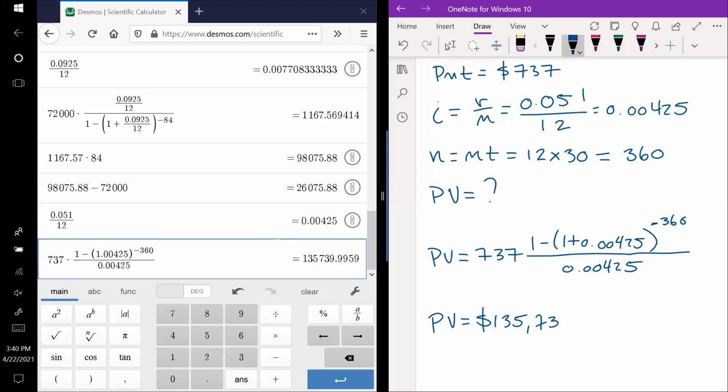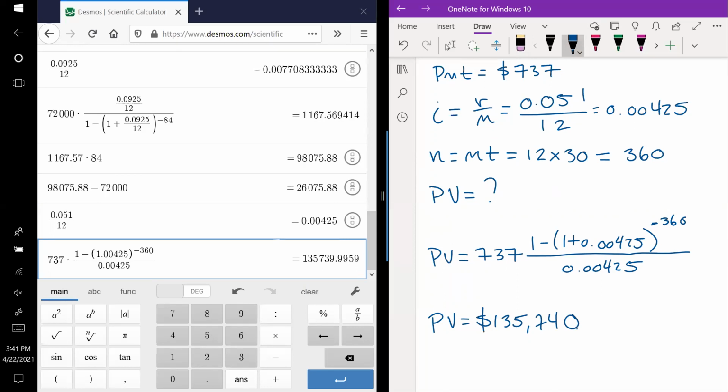Not the original price, sorry. The present value after the down payment is $135,739.99. But if you round, we'd be at 740. So let's go ahead and do that. 740. Okay, so this is the price of the house after the down payment.